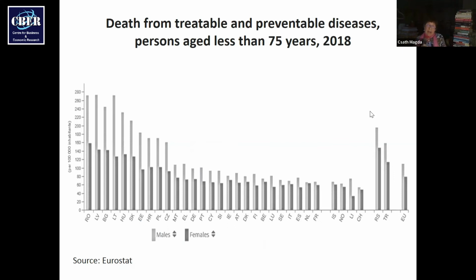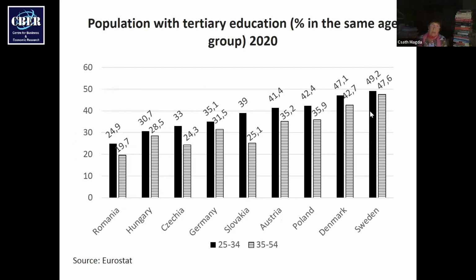If you see again the four countries which I tried to compare for you, the highest number per 100,000 inhabitants can be found in these four countries, which indicates a problem with the healthcare system, which is of course again a human development indicator.